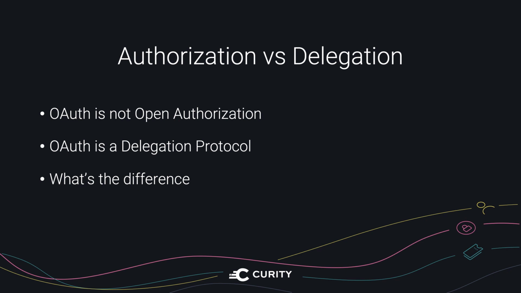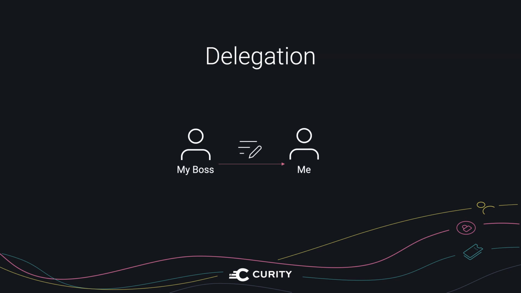What is delegation? So if my boss signs a paper and says, with this signature on this paper, I delegate you the right to go to our bank account, to the bank, and withdraw some money for the company that we can use to buy lunch. So I take that piece of paper and I go to the bank and I say, hey, my boss delegated me this right. Please let me withdraw some money.